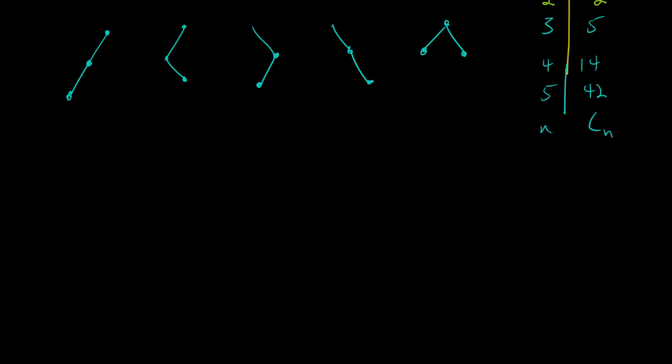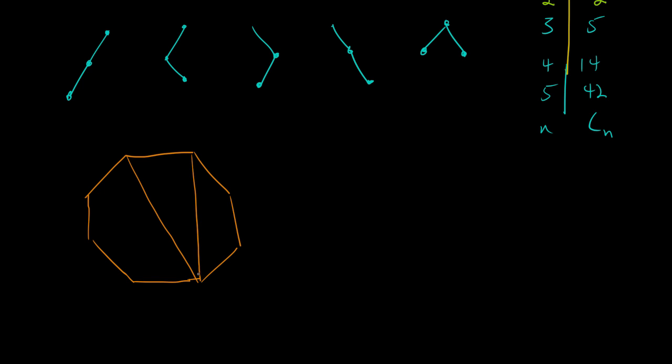And this is one of the coolest and easiest bijections to see. I'm going to draw another n+2 polygon. Okay, I'm going to do n equals 6 because I have this fun way of drawing octagons. This time, I have to fix a side.